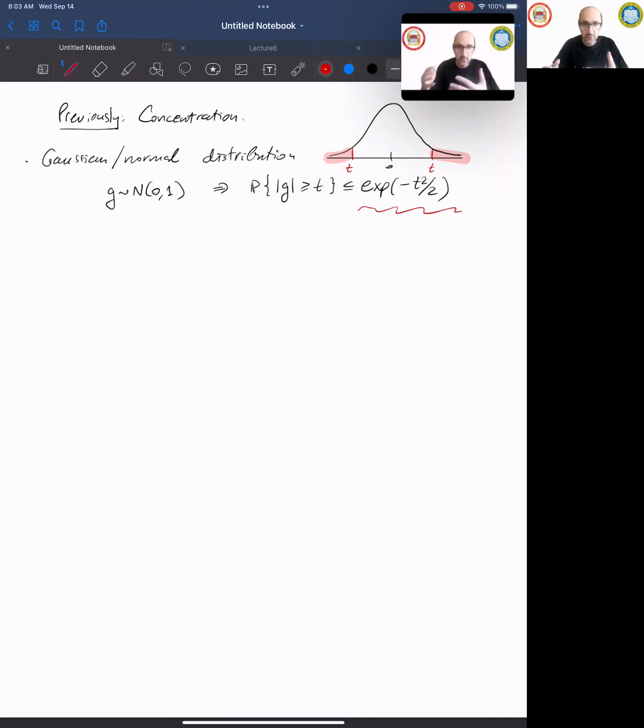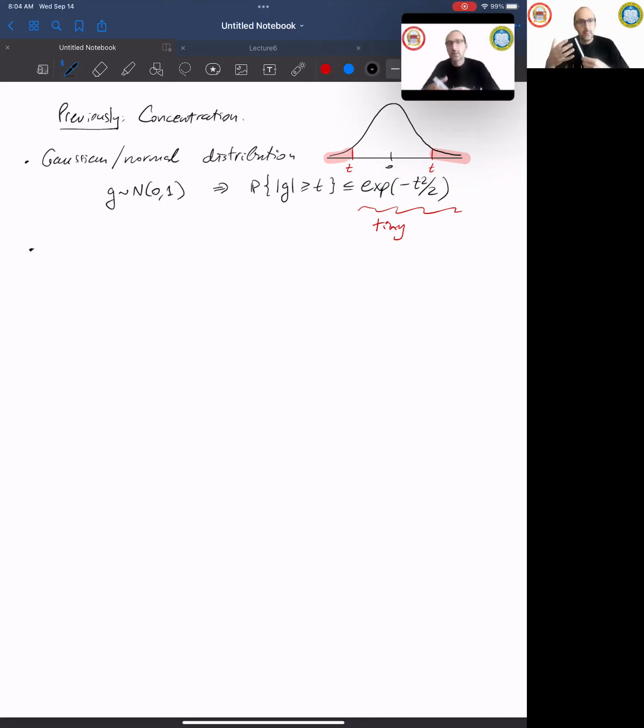It's not like 1 over t or 1 over t squared. It's super small. It's absolutely tiny. It's even smaller than exponential. It's e to the minus t squared. And that's what statisticians love because it gives them very good confidence intervals. If something is Gaussian, we know with very, very high confidence that it will be near its mean. So that's one advantage of having the Gaussian distribution.